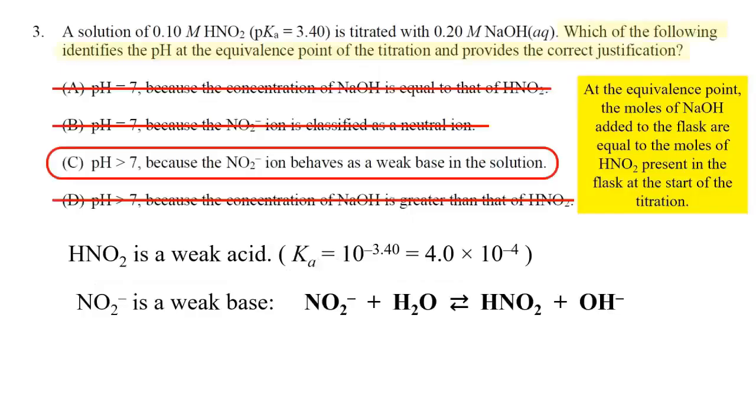But in question 3, we were not given a titration curve, and we didn't have to do any calculations involving moles or molarity. So question 3 was more of a conceptual question. Do you understand what are the major substances that are present in the flask at the equivalence point of the titration, and then how do those substances affect the pH at the equivalence point?